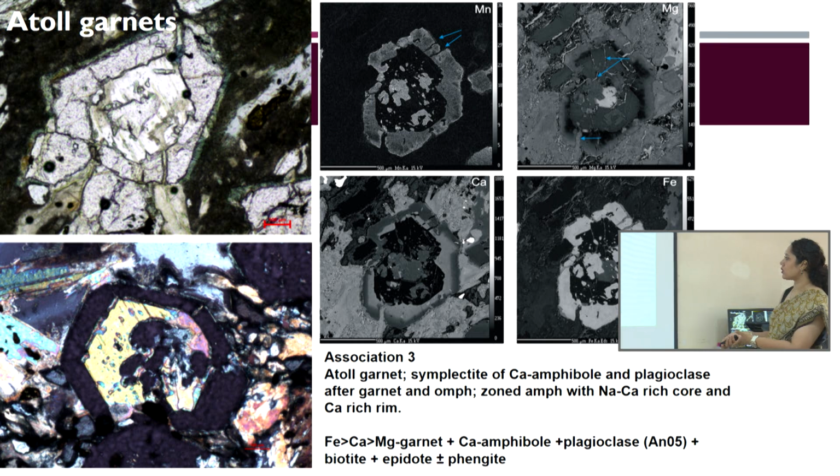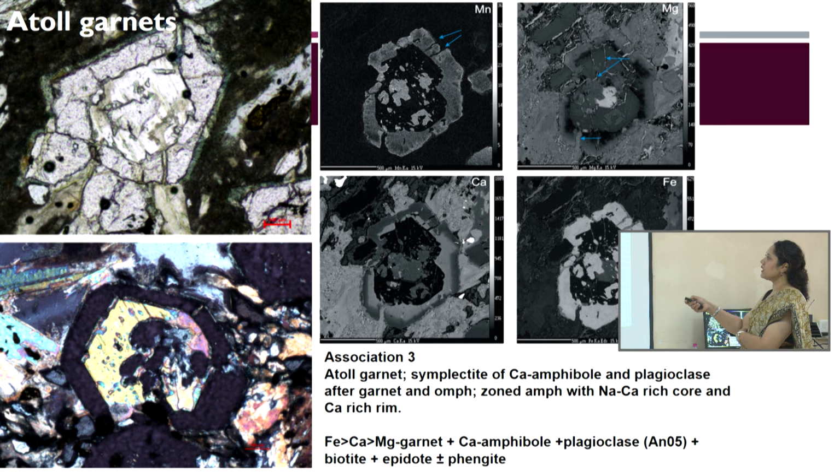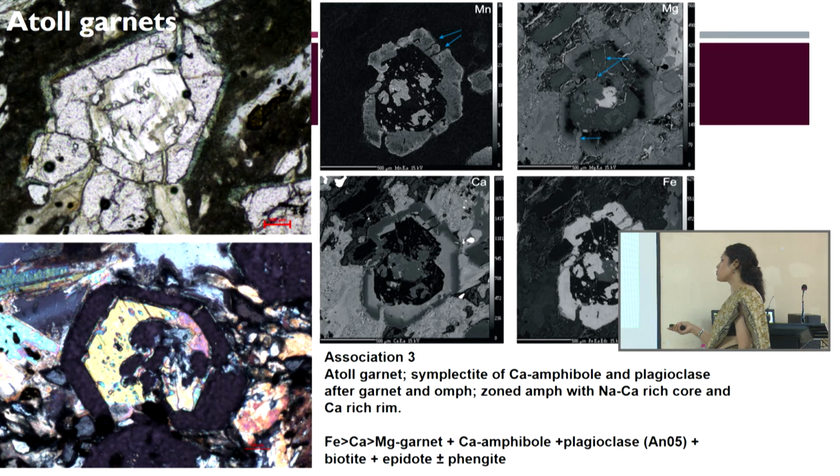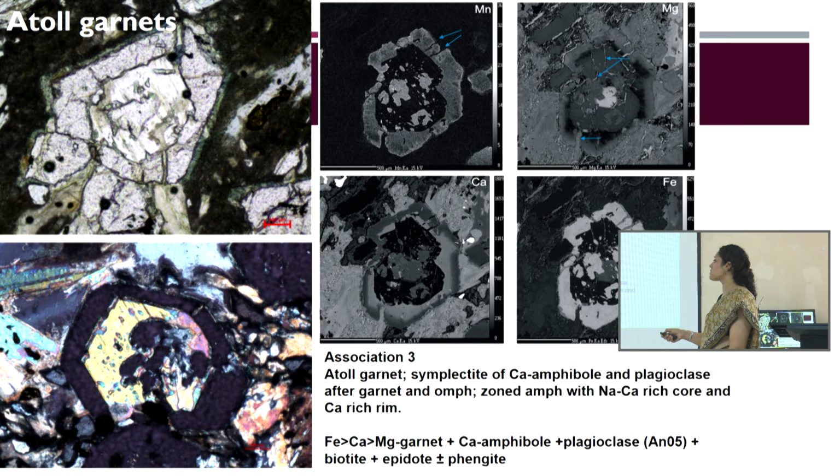If you look at the atoll garnets, they are typically a nice euhedral shaped garnet with a central well preserved core, and between the core and the rim you have an association of different minerals. This is also associated with symplectites of calcium rich amphiboles, plagioclase after garnet.